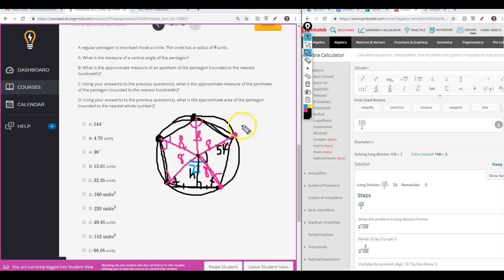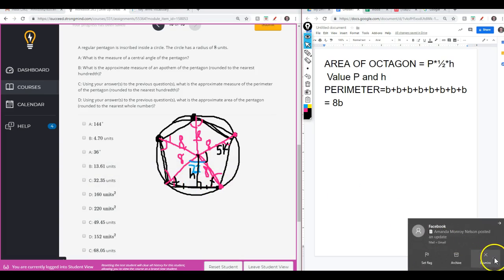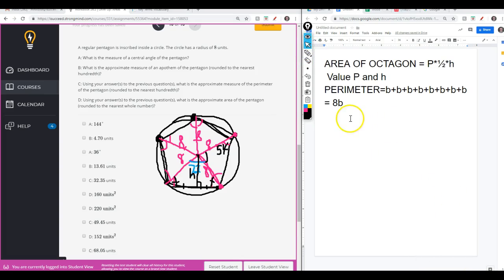So now I'm going to draw this triangle a little bit bigger so we can see it better. So we have it coming from the center down to the base, over, and up.